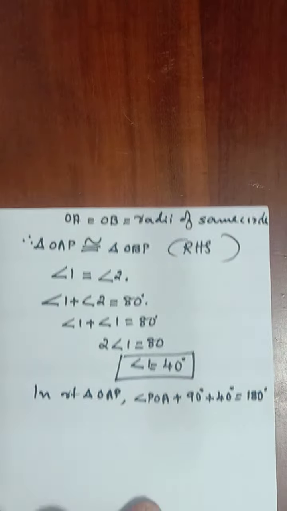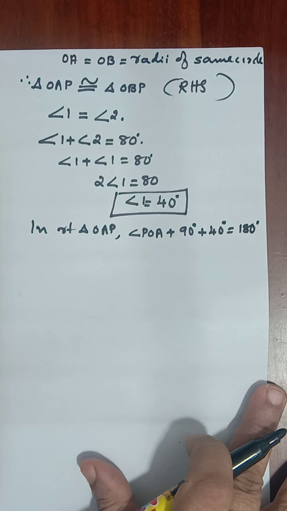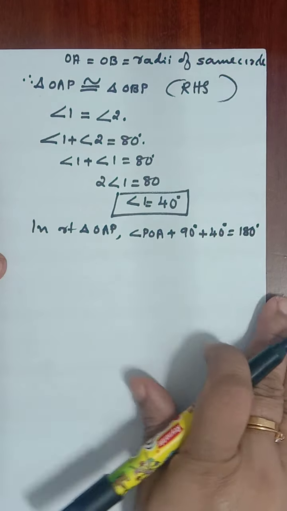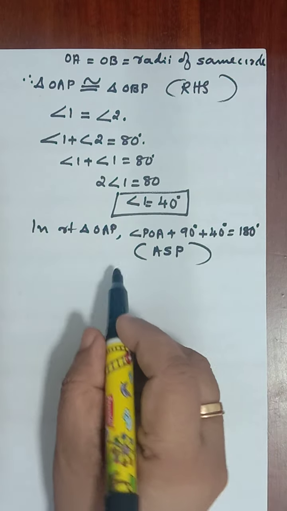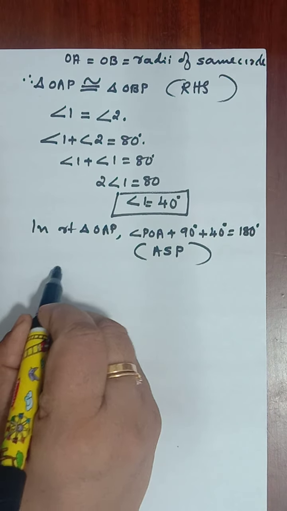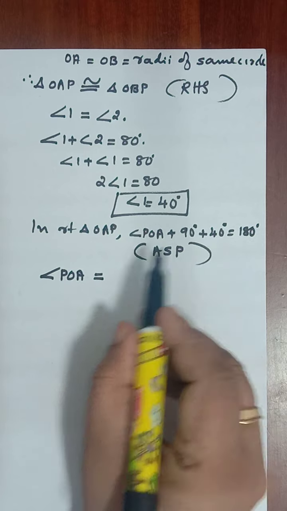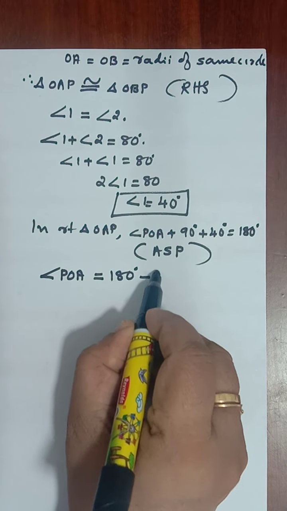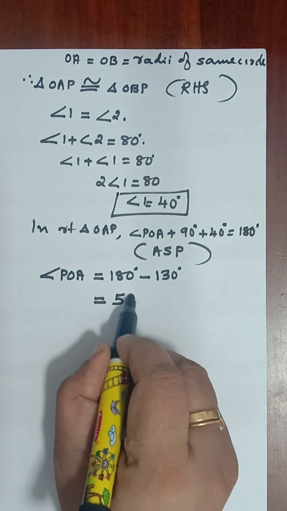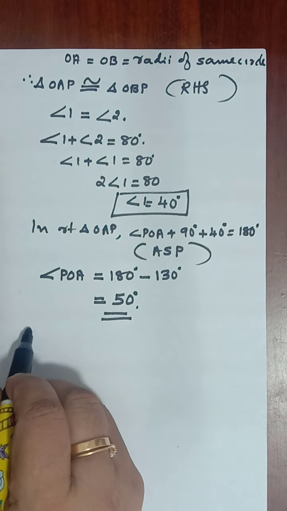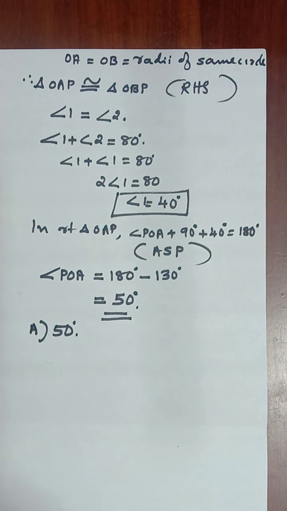Here you have to write the reason: angle sum property of the triangle. Better write completely. So angle POA is equal to 180 minus 130, since 90 plus 40 is 130. So what is that equal to? Isn't it 50 degrees? Option A, 50 degrees. This is the answer.